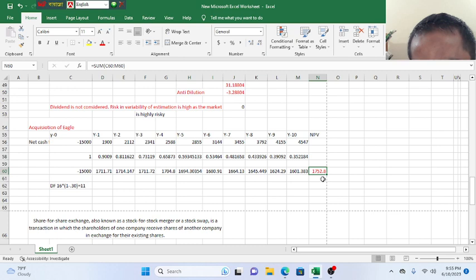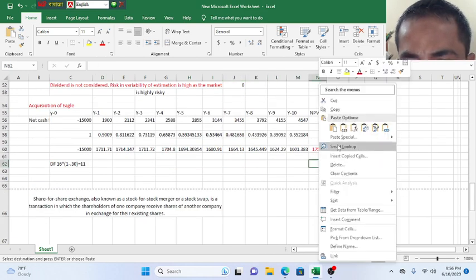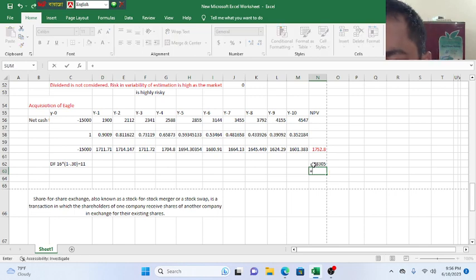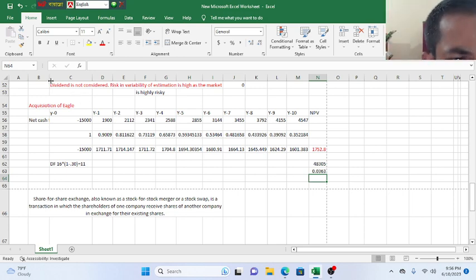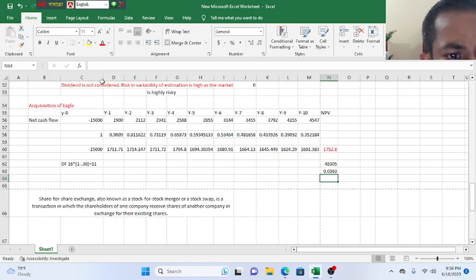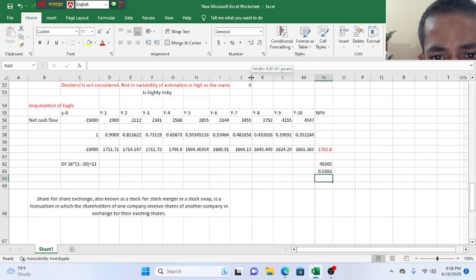This NPV is 717,522, and 1752 divided by the number of shares, so their NAV will be very low, so it cannot be accepted, but it can be accepted by the company, because external borrowing is not so risky like the estimation of unlevered cash.